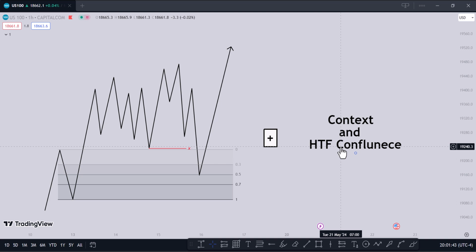This is one of the highest probability models out there, guys. It repeats every single day in every single time frame, every single asset class. If you understand this and you pair it with the right context and the right higher time frame confluences, meaning it is either a part of a higher time frame expansion or a higher time frame pullback, and then it is in the right context, meaning it has a purpose.